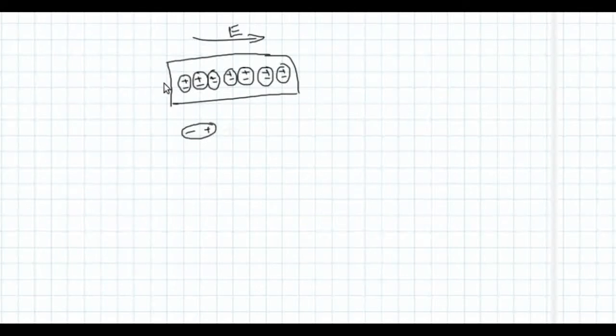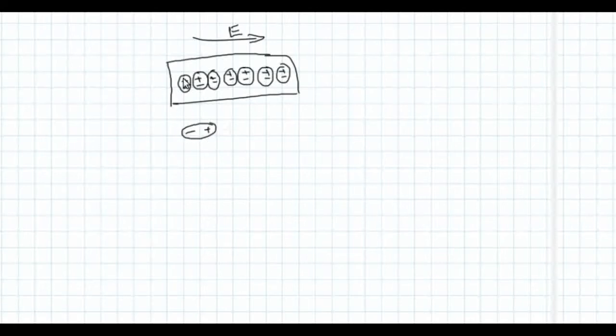And as a result, you take the first molecule. For the first molecule, previously the centers of positive and negative charges are coinciding. Now, when electric field is applied, this negative charge has a tendency to move in a direction opposite to the field.